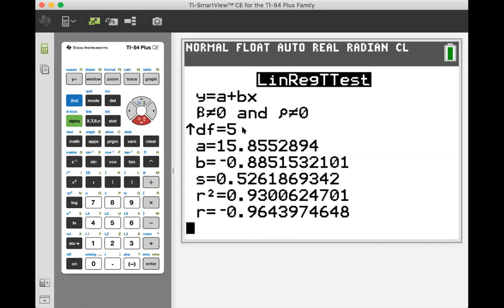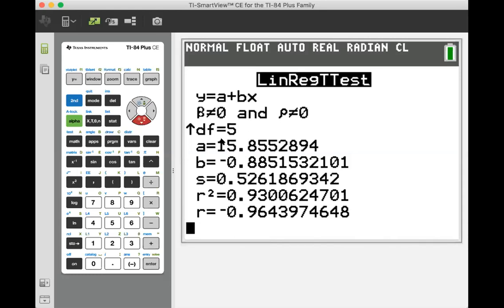Actually, we're using a different critical value because we're in the 0.01 column. But anyway, this is going to be bigger than the critical value, using the 0.01 significance level.